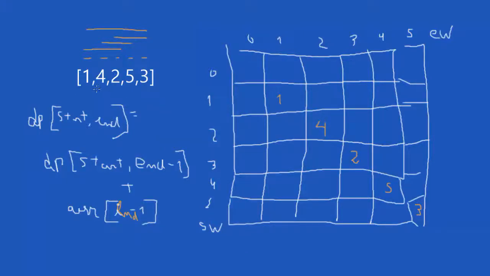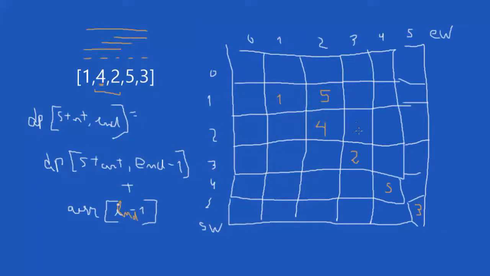So it will be equal to this plus the previous window, which was 1. So this is 5.